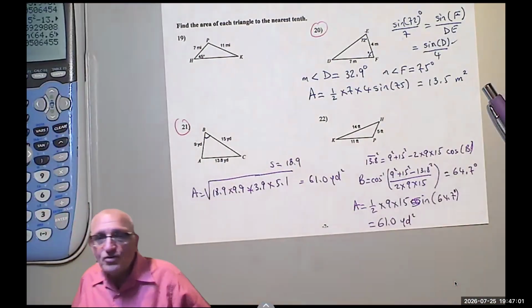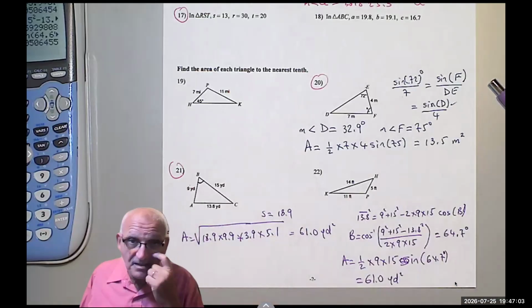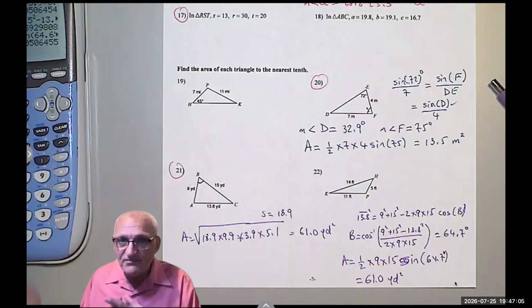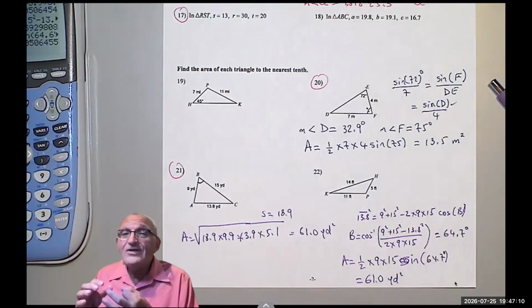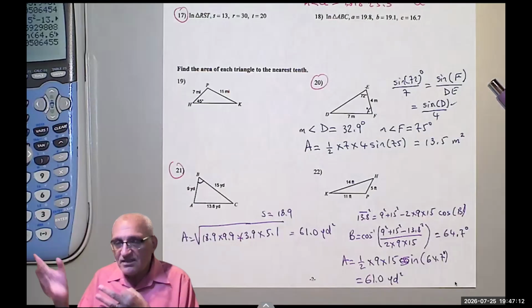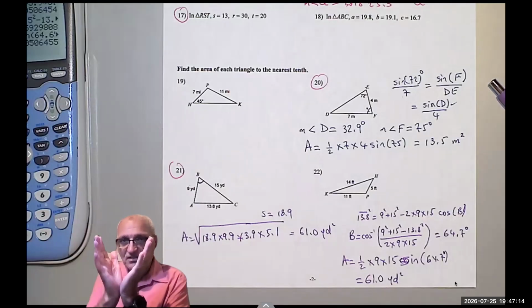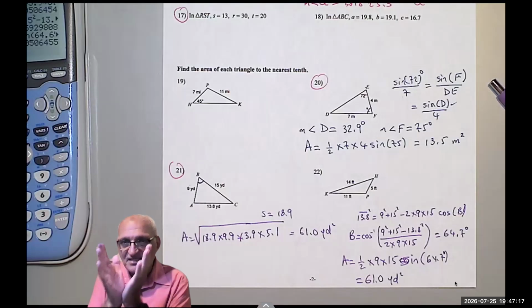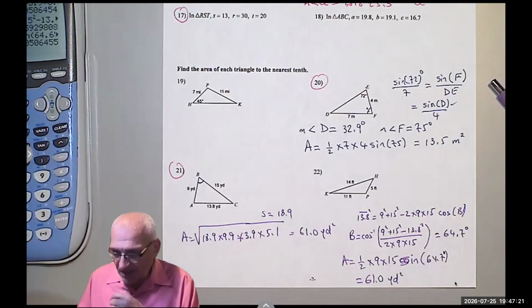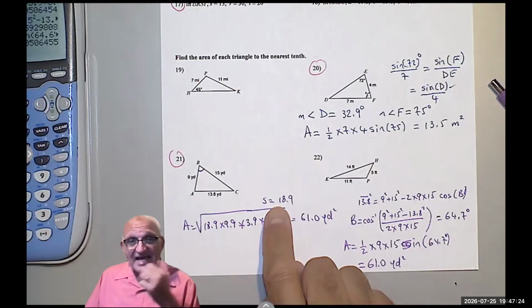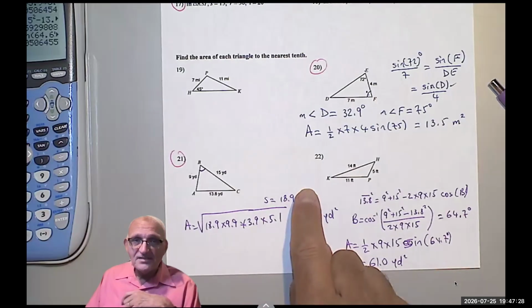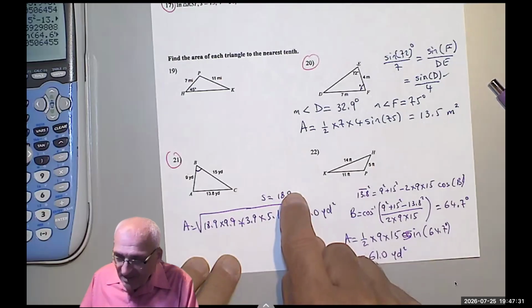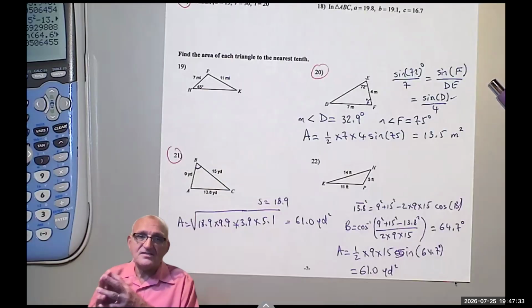And that really concludes this topic, which is very easy. If you understand what you're doing, it's very simple. It combines the law of sines with the law of cosines, with finding the area using the sine: 1/2 the product of two adjacent sides times the sine of the angle between them, or using Heron's formula, where you calculate half the perimeter and then take the square root of that number times the difference between that number and every single one of the sides.